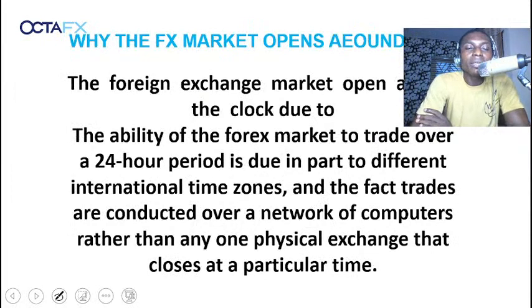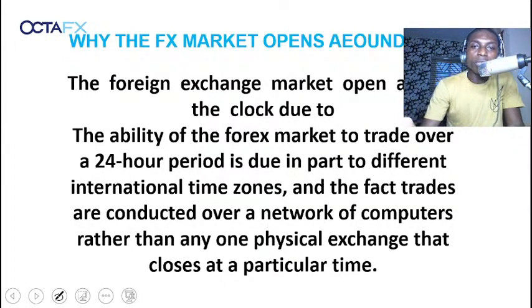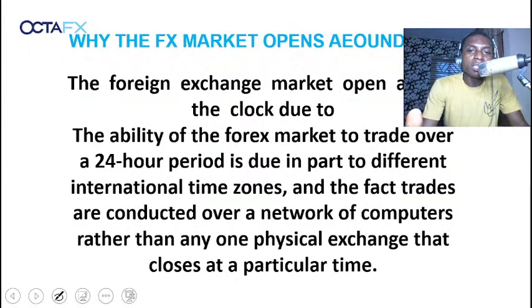Now, why is the Forex market open around the clock? The foreign exchange market is open around the clock due to the ability of the Forex market to trade over 24 hours in different parts of international time zones, and the fact that these trades are conducted over a network of computers rather than one physical location that closes at a particular time.